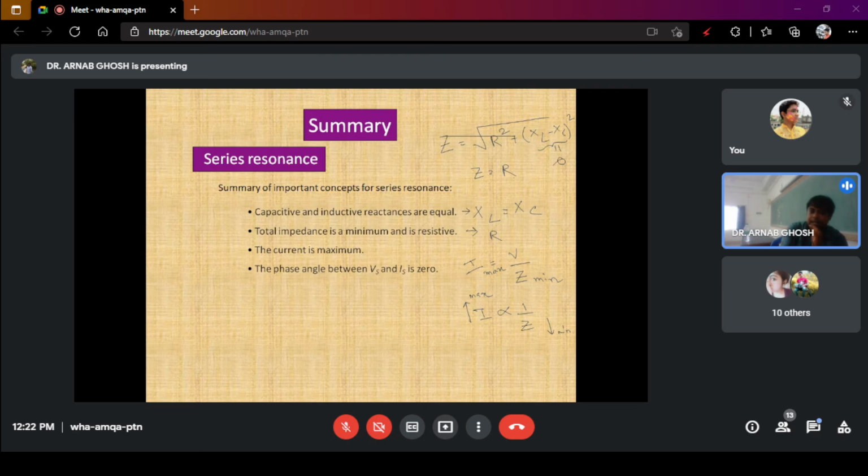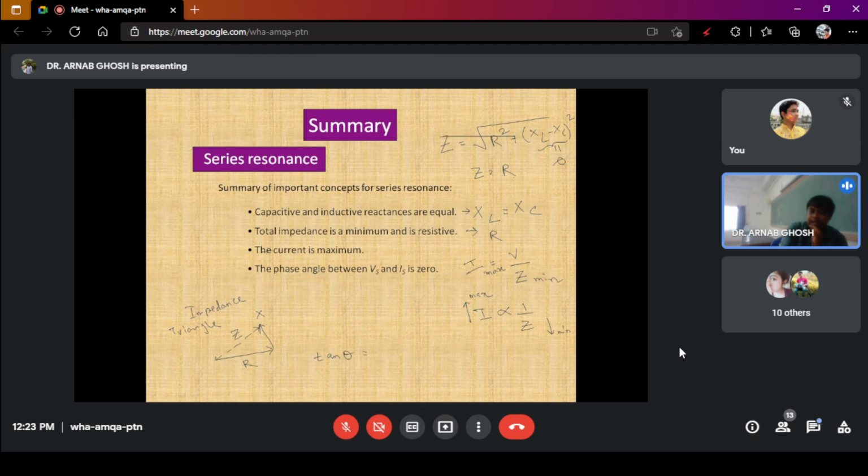Next, the phase angle between Vs and Is is 0. This is important. What was your impedance triangle? This was your R, this was your X, this was your Z, right? Now what was tan theta?